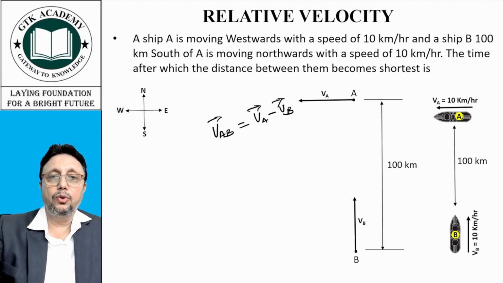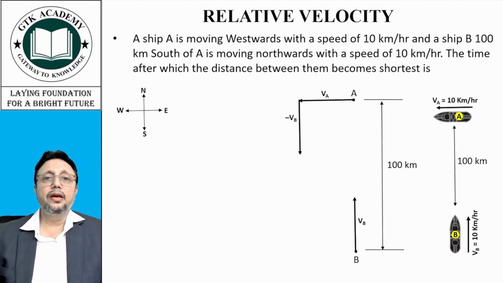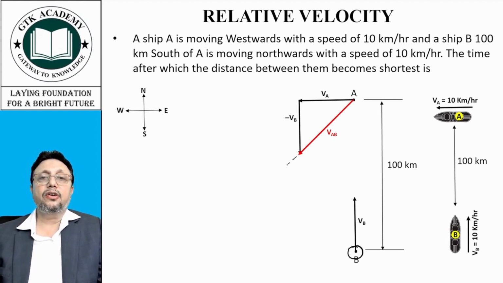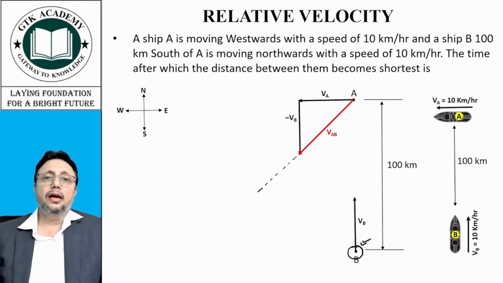So what you have to do is reverse the velocity of B and add here. So A will appear to move with this velocity VAB. Now since B is stationary, you have to extend this trajectory along which A will appear to move, and on this trajectory you have to drop a perpendicular from B, and then calculate the shortest distance and the time required for that.